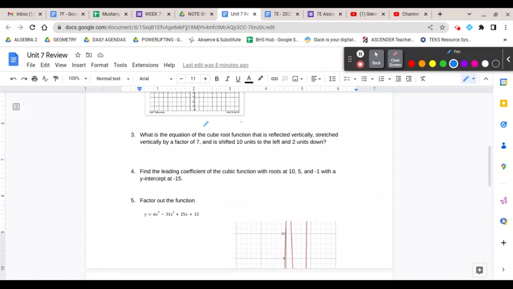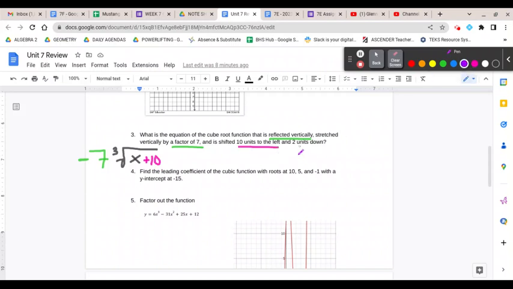All right, equation of a cube root function that's reflected vertically, stretched vertically by a factor of 7, shifted 10 units to the left and 2 units down. So our original cube root is the cube root of x right there. Reflected vertically gives us a negative on the outside. Stretched vertically by a factor of 7 gives us a negative 7 on the outside. Shifted 10 units to the left and 2 units down. So going to the left, we'll add 10 underneath the root right here.